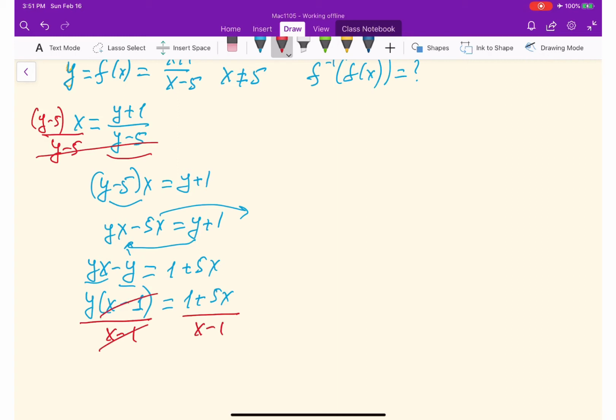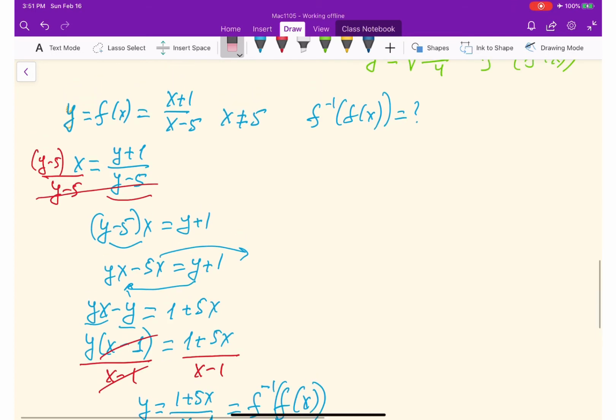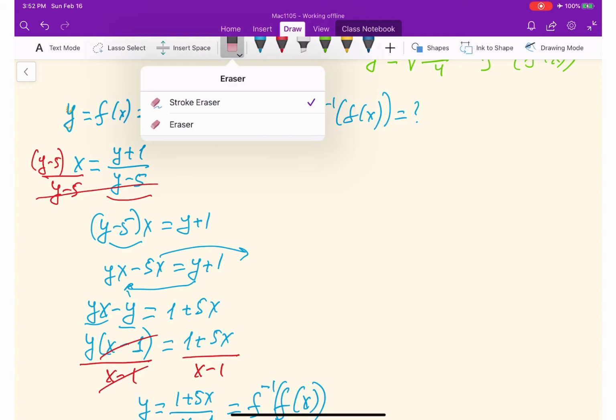So this is gone, and my y is equal to 1 plus 5x over x minus 1, and this is the inverse of function f of x, or 1 plus 5x over x minus 1 is an inverse of the function x plus 1 over x minus 5.